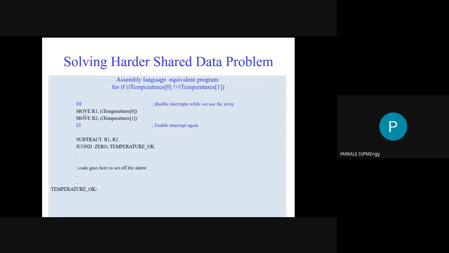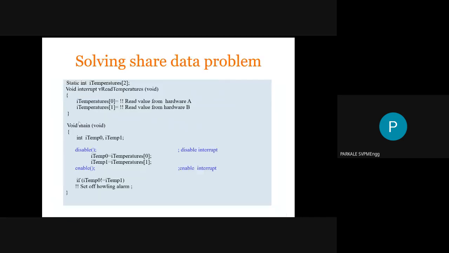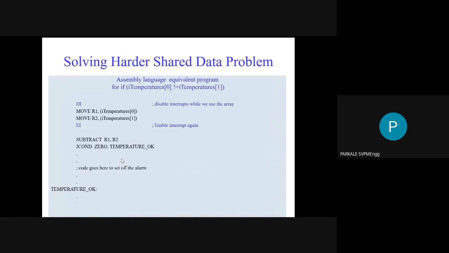So you have to save these two parameters by using DI and EI instructions. This kind of section is called atomic instructions, and the section which decides the success of your system is called a critical section. So in terms of embedded system, these two instructions, or also this particular part that is shown between the disable and enable functions, is called a critical section of the system.